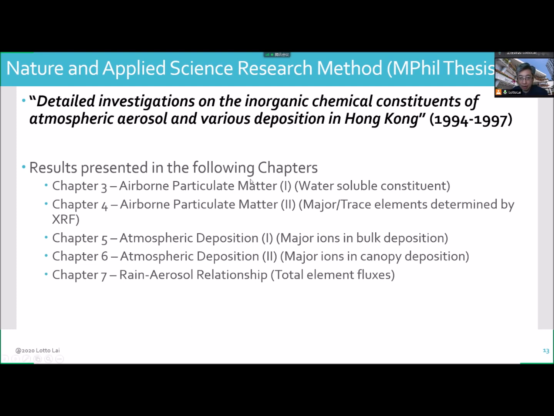For example, airborne particulate matter, water-soluble constitution, and also major trace elements determined by XRF. Another is deposition: major ions in bulk deposition and major ions in canopy deposition. Canopy deposition is what I'm talking about, the stemflow, throughfall, and fog, which was very new work in Hong Kong at the time. At the end, there is the relationship of rain and aerosol with a total element flux model.